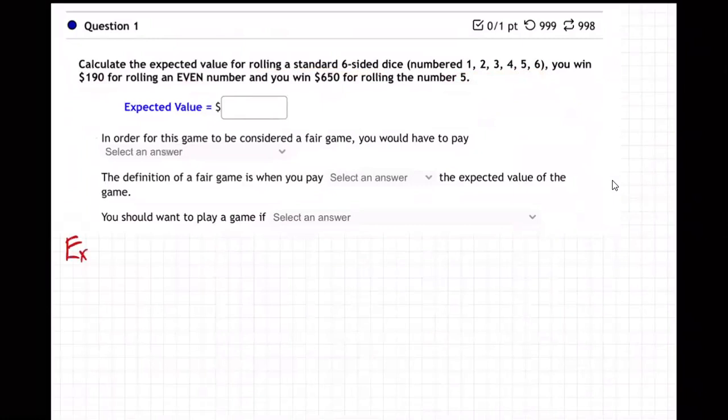Expected value. Let's write it out here. Expected value equals. So first I've got to do the probability. So I'll do the probability of, what's the first thing? Even. Getting an even number.